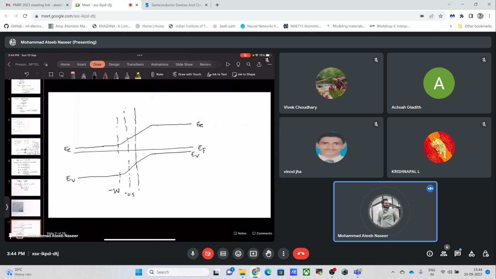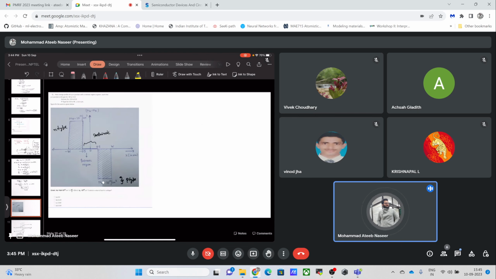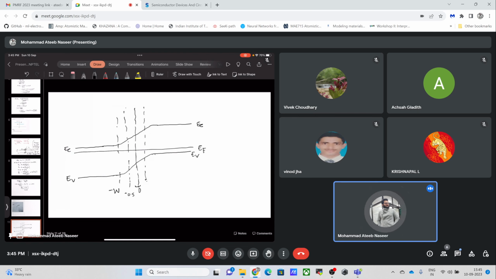This is 0, this thing over here. This thing again is, I guess, 0.5. Yes, it is 0.5. This thing is w. So this is 0.5 to w, this is minus 0.5 to 5, and this is the intrinsic region.